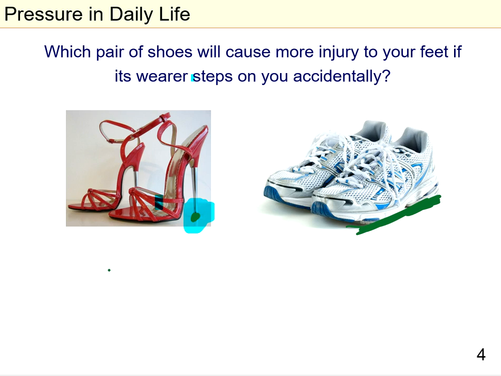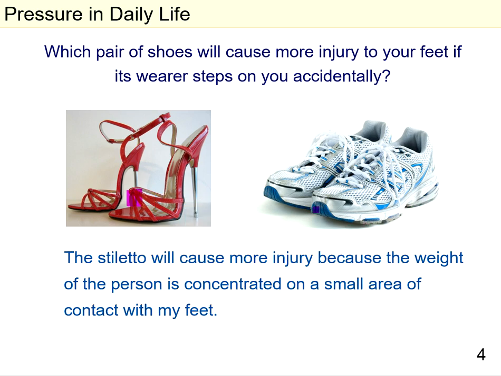And we mentioned before that when the area is bigger, your pressure is smaller. So this is how we answer that the stiletto is going to cause more injury: because the weight is concentrated over a very small area of contact. So remember the word contact is important in your answer.